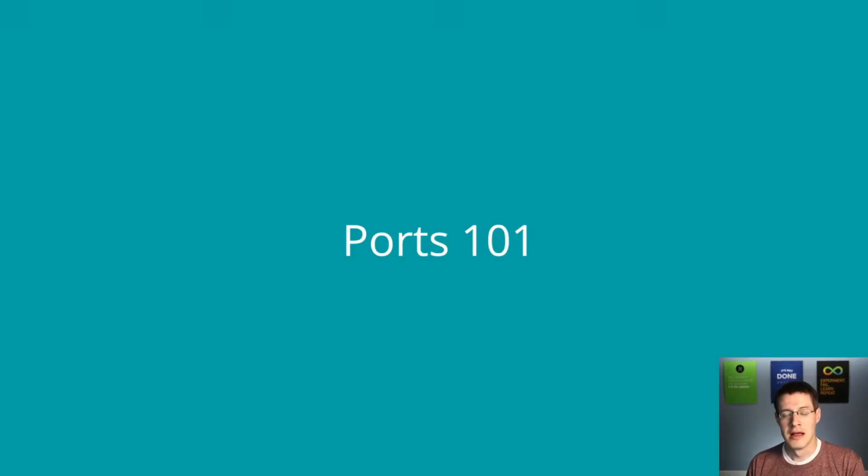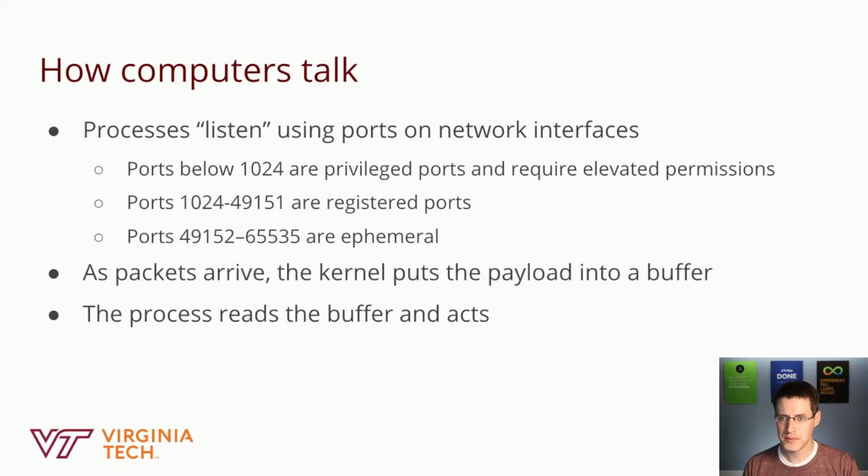So let's start with a ports 101 here, shall we? So how computers talk. Processes listen. Okay, it's not really listening, but they listen using ports on network interfaces. So when a process wants to communicate with another process on a remote machine, or receive communication from another machine, it registers with the kernel and says, I want a port.